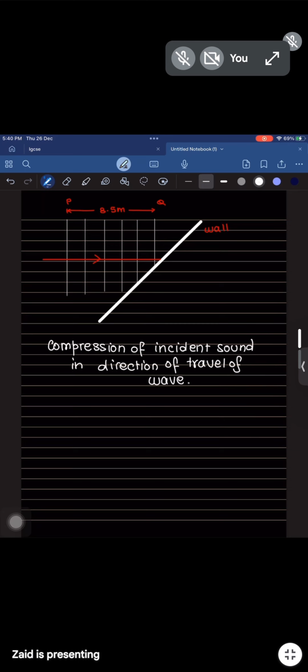And we have to complete the figure of 3 compressions of the reflected sound wave.